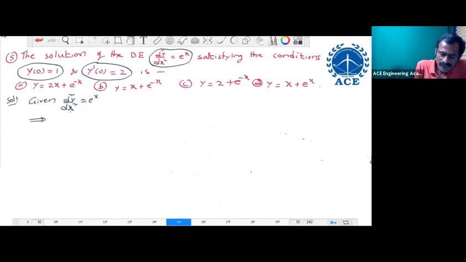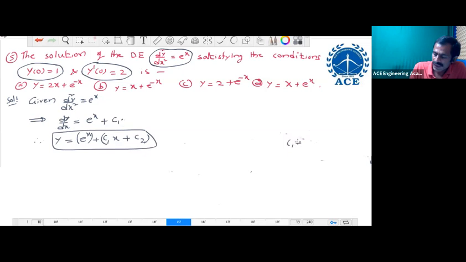For the first integration, on the left hand side one derivative is eliminated, so we get dy by dx. Integral of e power x is e power x, and for the first integration, the integral constant is c1. Next, integrate once again. Therefore, y equal to e power x plus c1 into x plus, for the second integration, one more constant c2.